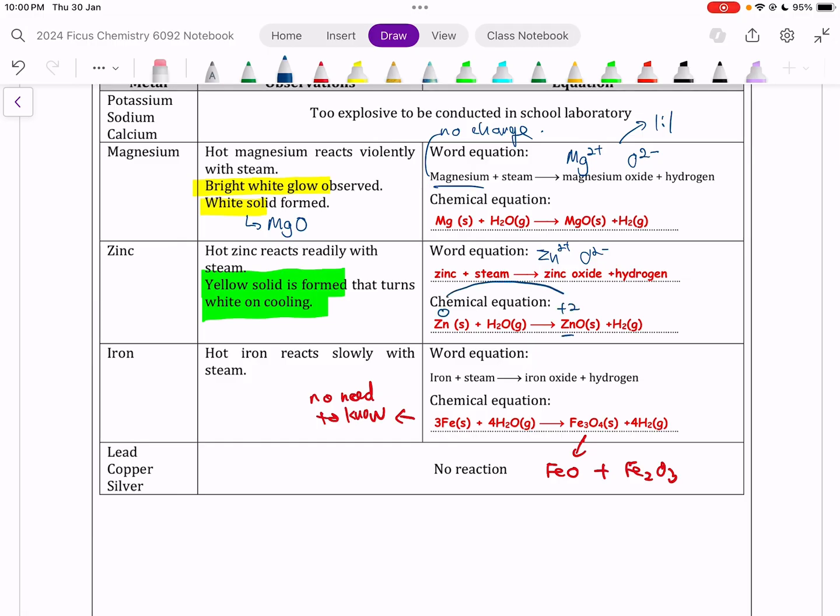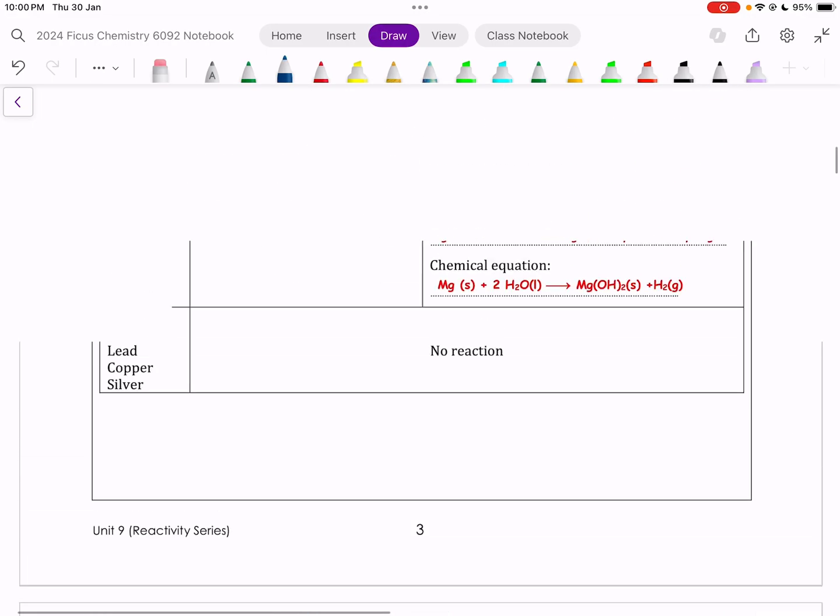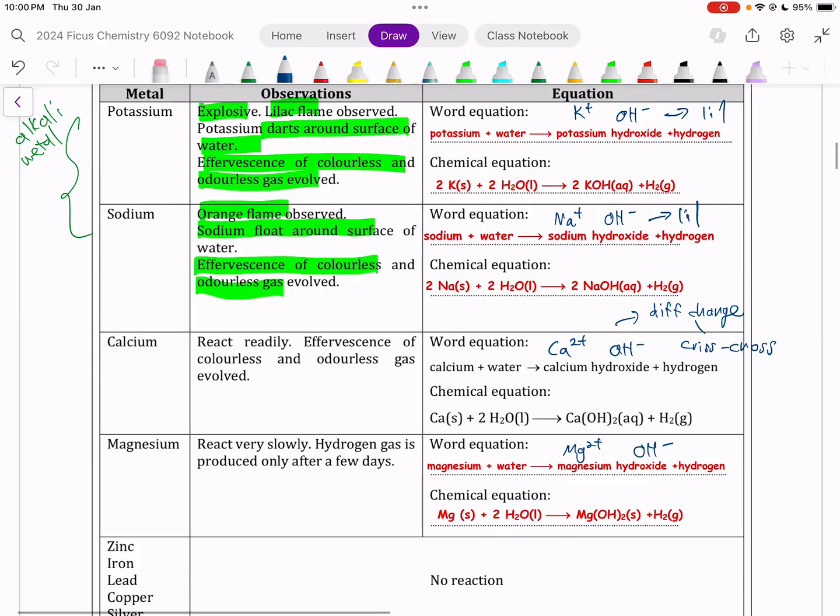The metal is oxidized, loses electrons, oxidation state goes up. Hydrogen goes from +1 to 0, so the hydrogen gains electrons and is reduced. Likewise for the metal case, from 0 to +1, this is oxidized, and this from +1 to 0 is reduced.